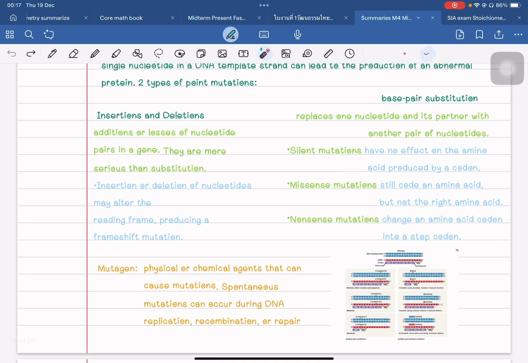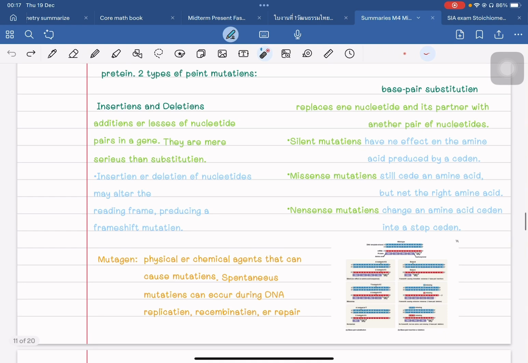Next one is insertions and deletions. These are additions or losses of nucleotide pairs in the genes. They're more serious than substitutions. The insertions or deletions of nucleotides may alter the reading frame and produce frameshift mutations.